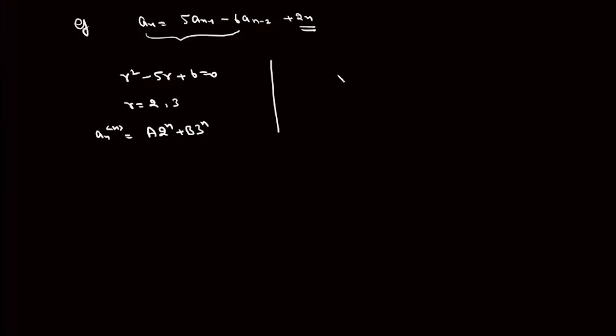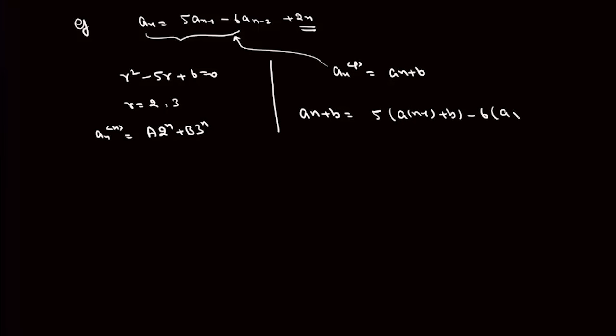Here we have this linear term, so we'll write this a_n^p as some an + b. Now we'll put it in this equation. So it'll be an + b = 5(a(n-1) + b) - 6(a(n-2) + b) + 2n.